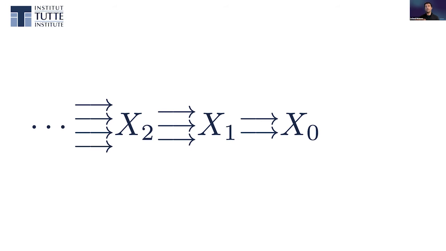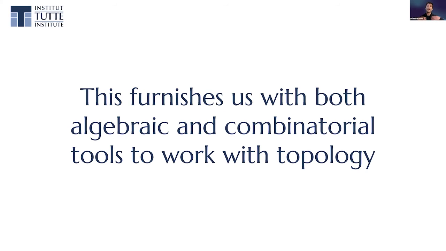So what was this nice purely combinatorial thing that we could then imagine geometrically can instead be turned into something that we can apply pure category theory or algebra to. And again, this shift in viewpoint allows you to apply different kinds of tools to the problem. So it furnishes us with a lot of algebraic and combinatorial tools to work with topology in general.